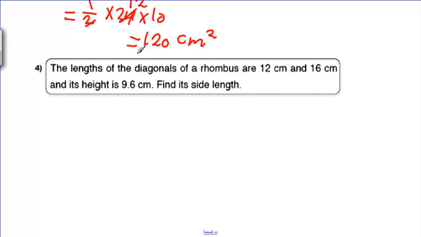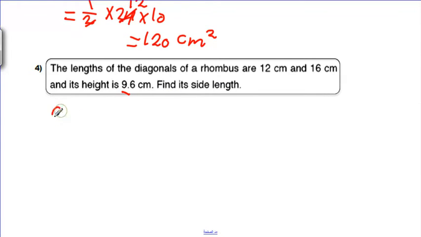Okay. Number 4. The length of the diagonals of a rhombus are 12 and 16 centimeter, and its height is 9.6. Find its side length. I will write what he wants, the side length.